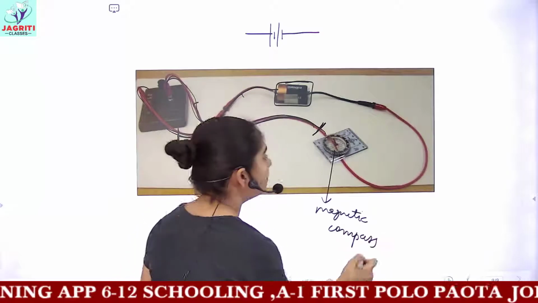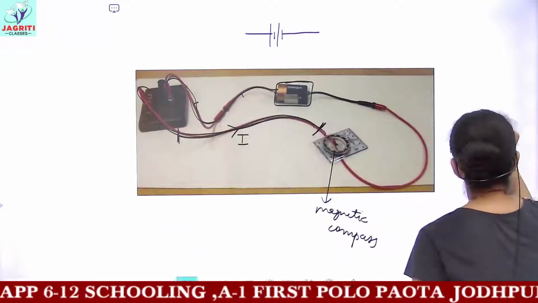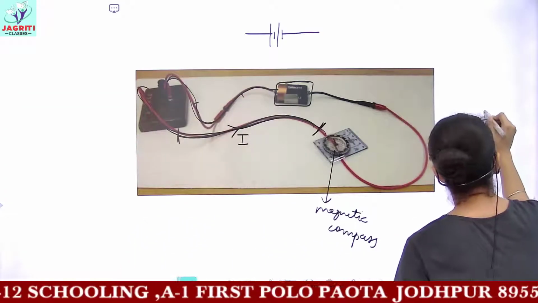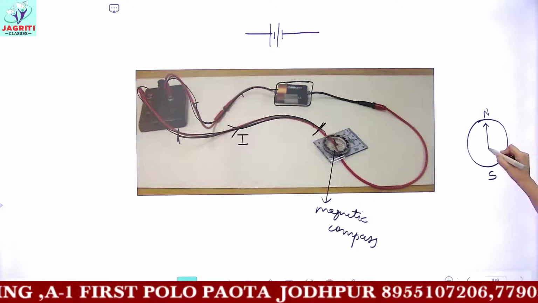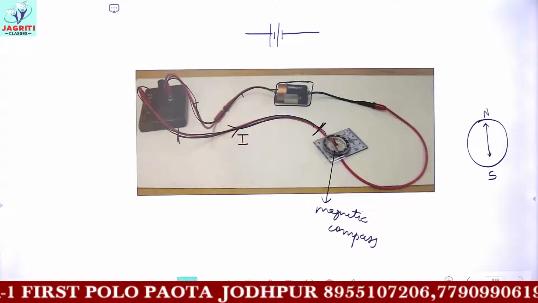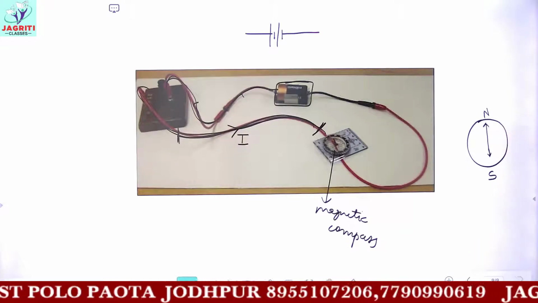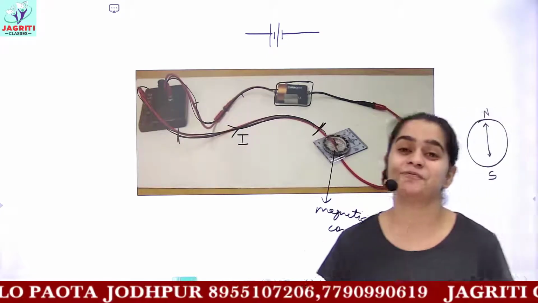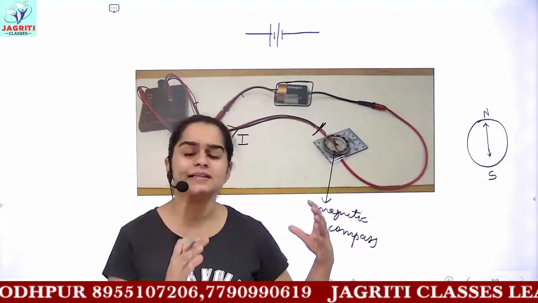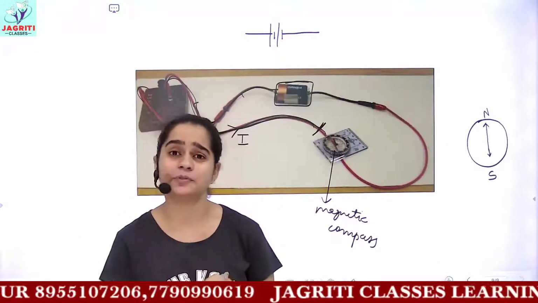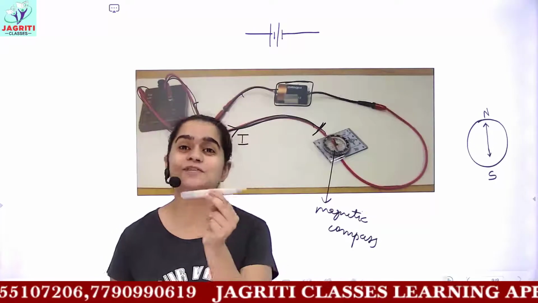A magnetic compass is a simple device which has a magnetic needle, and it is always pointing in the north-south direction whenever it is free. So, a freely suspended magnet: I hope you have performed this activity in your junior classes, wherever the chapters related to magnets and magnetism come.